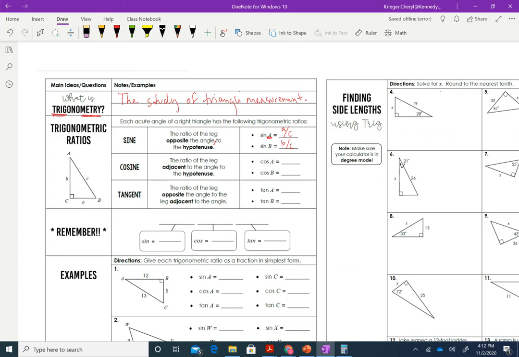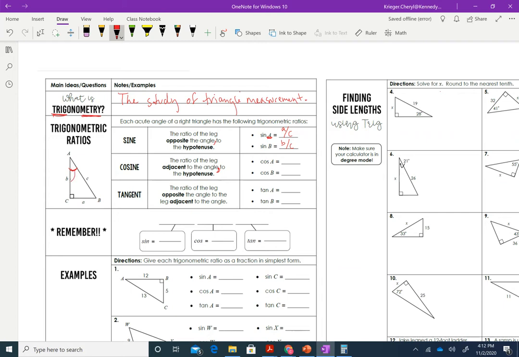Cosine, guys, is the ratio of the leg adjacent to the angle to the hypotenuse. The leg adjacent to A, because we're finding the cosine of A. Adjacent means next to, that's what we learned about adjacent angles: they share a common side.